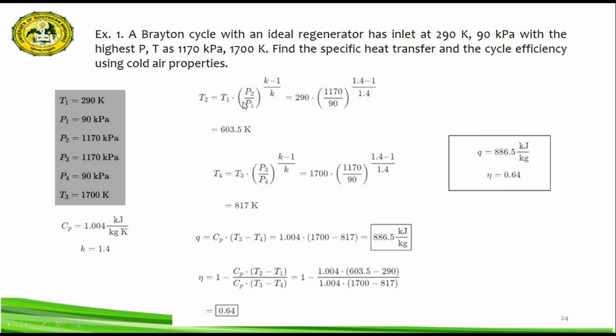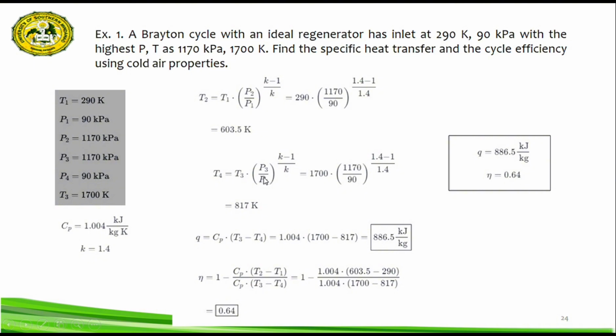By plugging in all the values, 290 Kelvin multiplied by 1170 kilopascal over 90 kilopascal raised to 1.4 minus 1 over 1.4, and by plugging this into our calculator, we get 603.5 Kelvin.